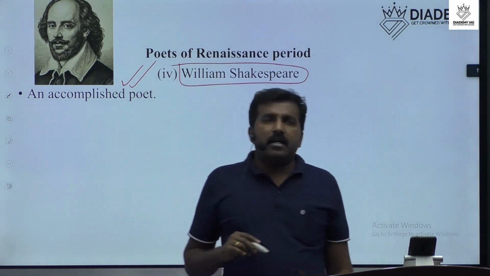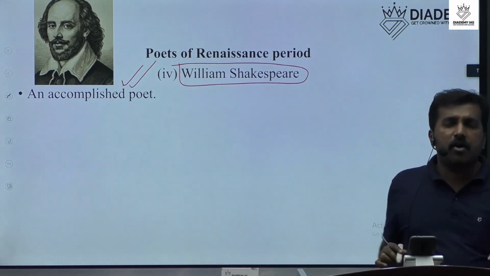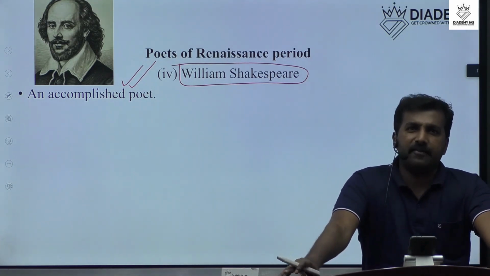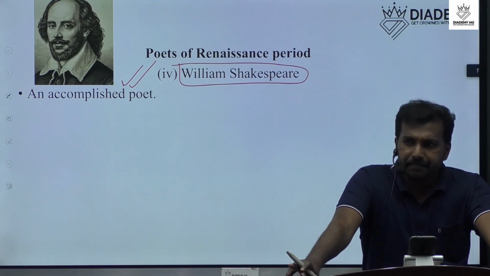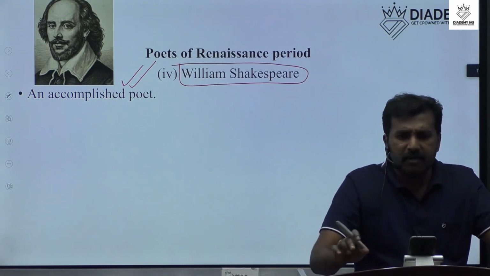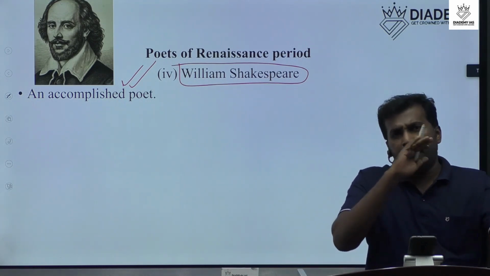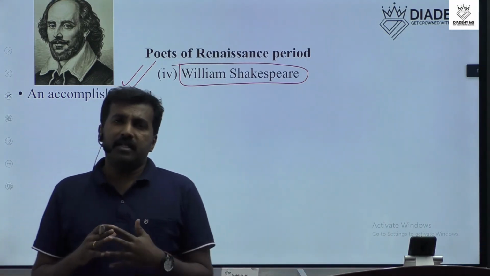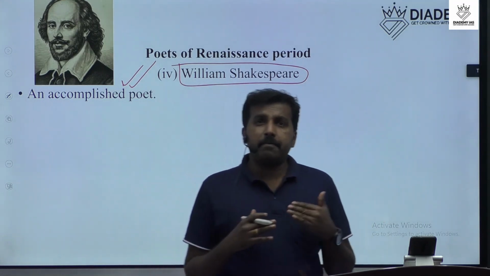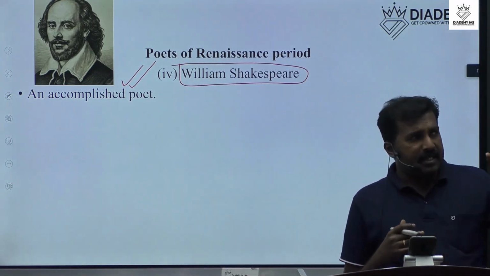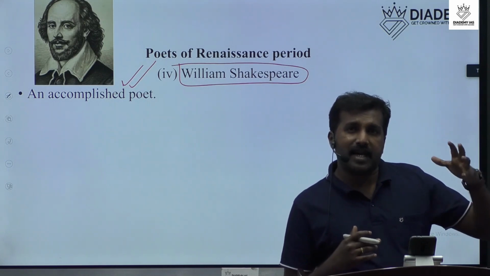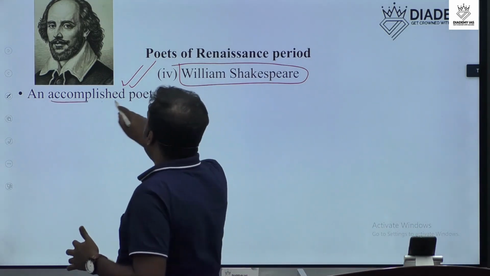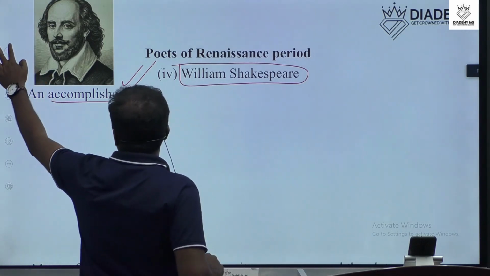That means almost all works of Shakespeare explain the noble life in England. Shakespearean plays or sonnets convey the life or society of England. So he was considered an accomplished poet at that time.